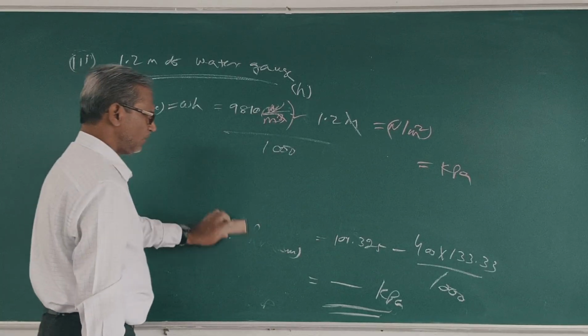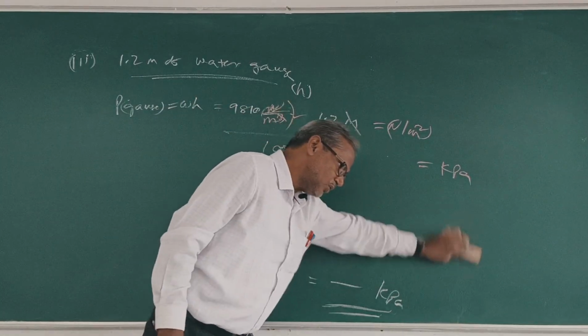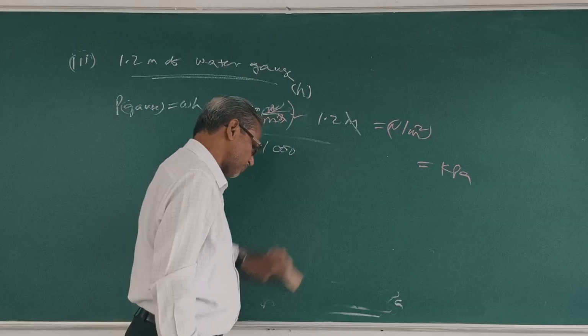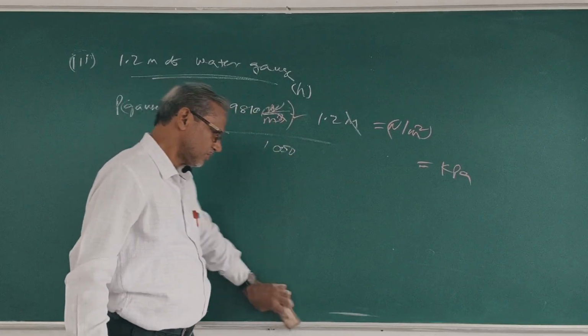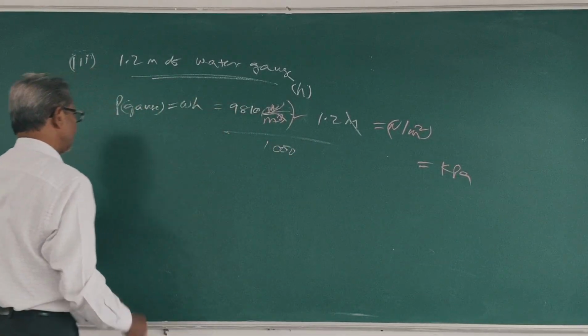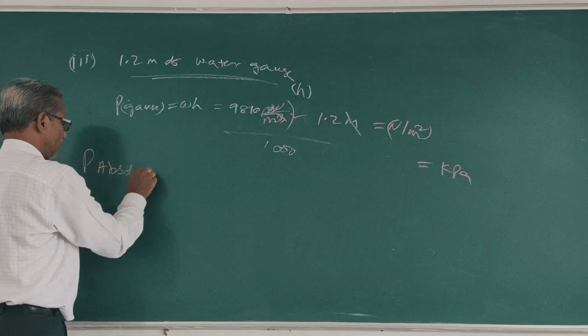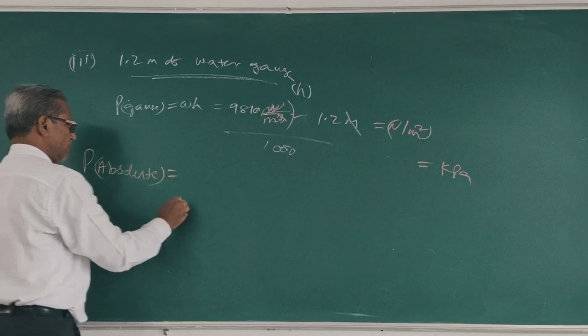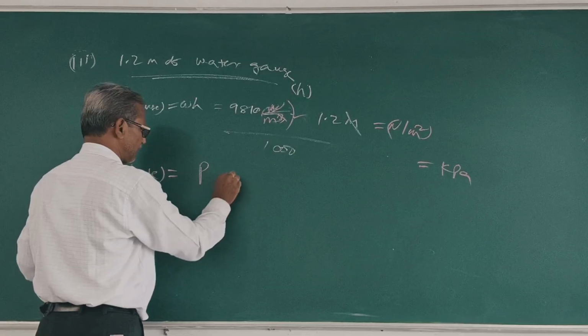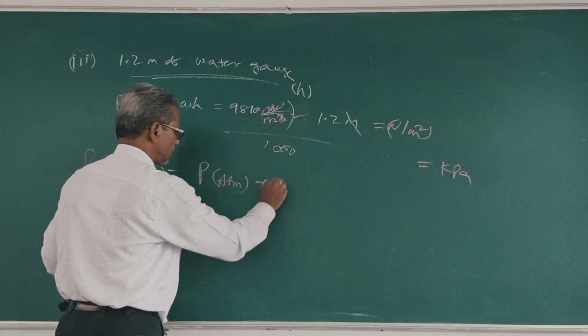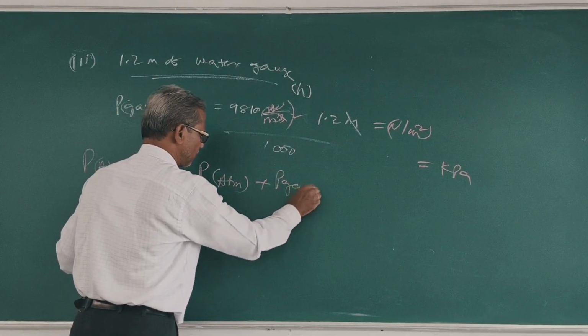So now, what is P absolute? P absolute is equal to P atmospheric plus P gauge.